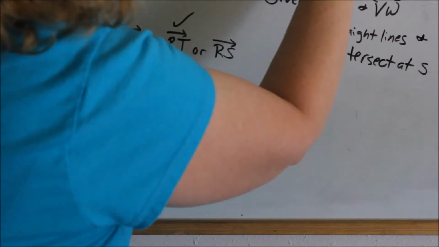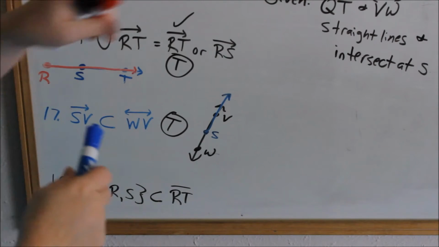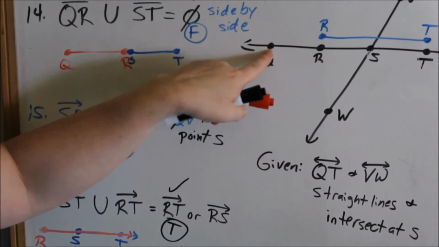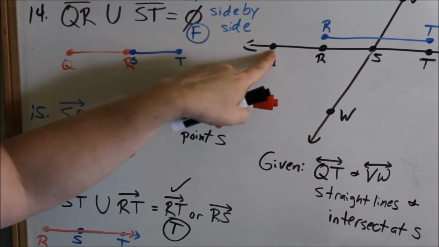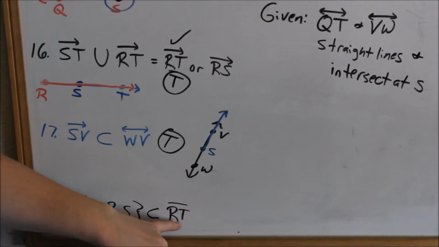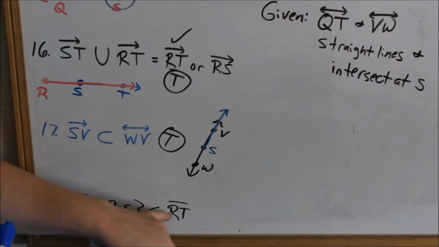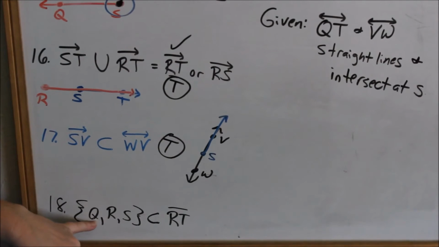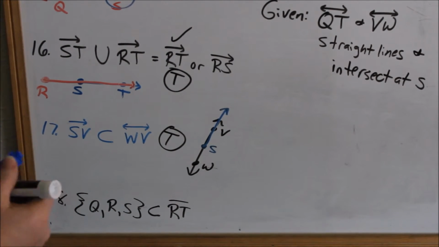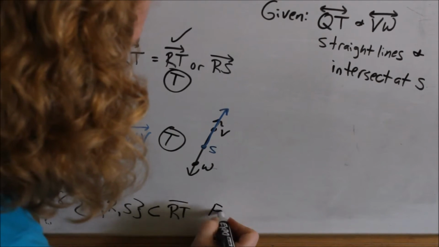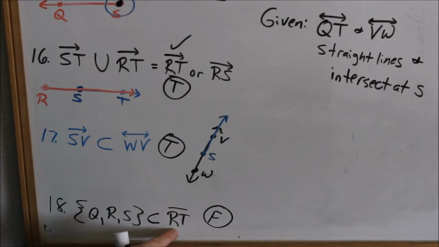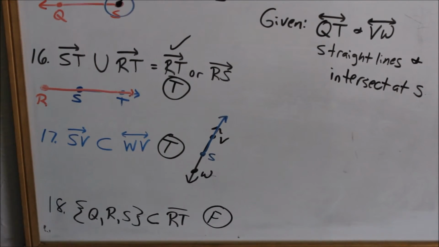There's T, there's R. You can see point S is in there and point R is in there, but is point Q in RT? No. They want to know, is QRS a subset of RT? Q, R, and S have to all be in RT. Q is not, so therefore that is false, because only points R, S, and T are in line segment RT.